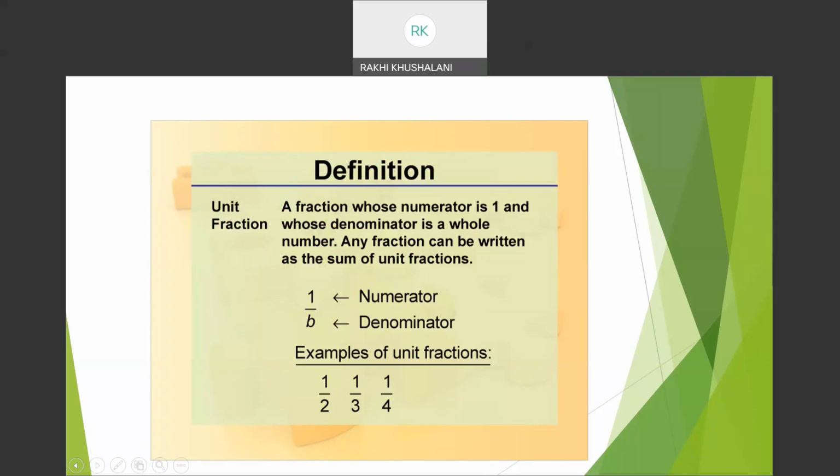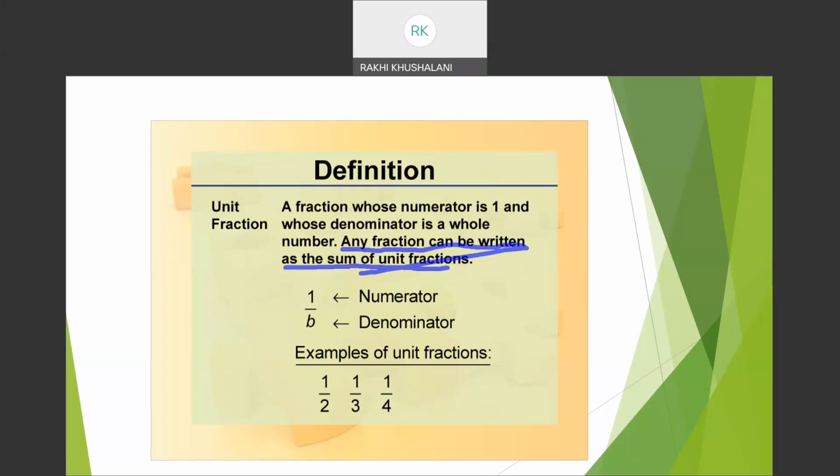Any fraction can be written as a sum of unit fractions. Now I will not cut this line. I will underline it. Any fraction can be written as a sum of unit fractions.